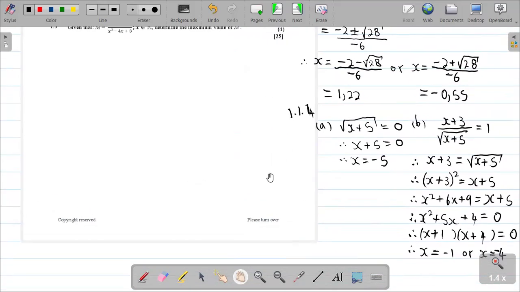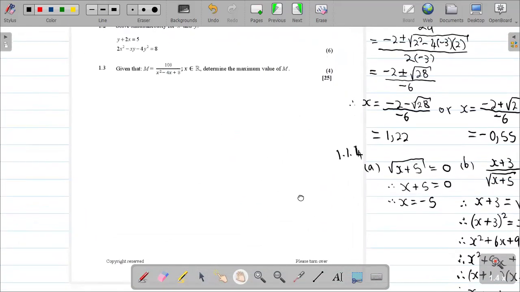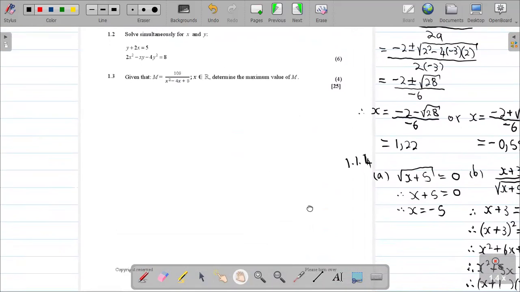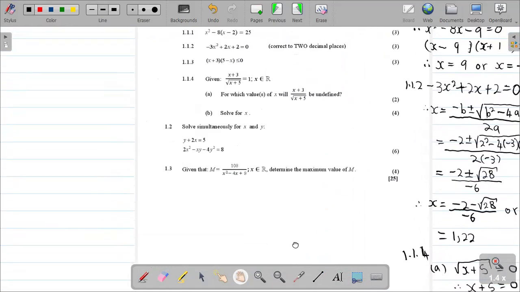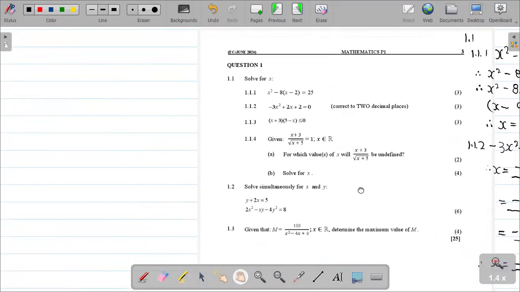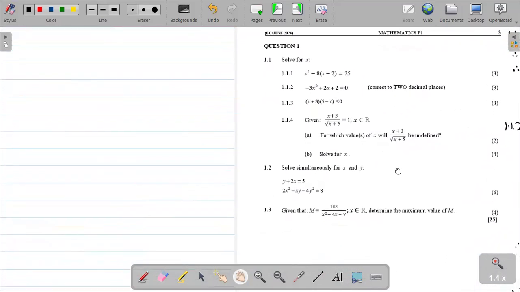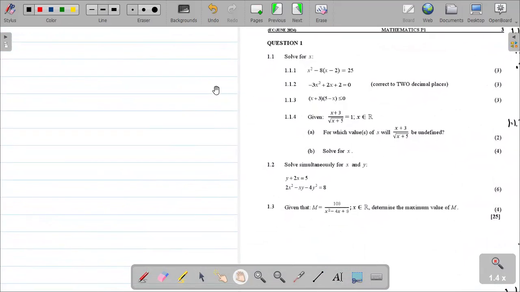Let us look at 1.2. So we're required to solve simultaneously here. 1.2 requires us to solve for x and y simultaneously. So what do we have?